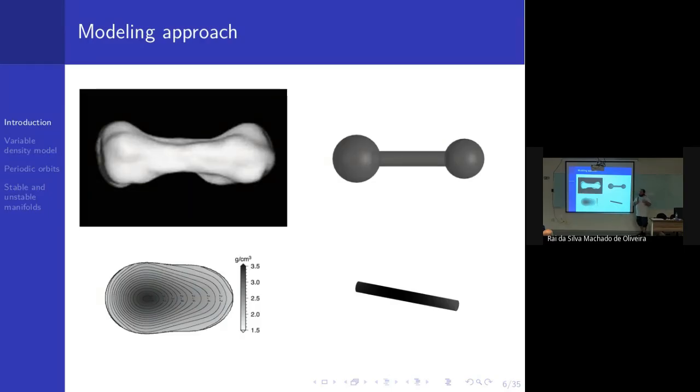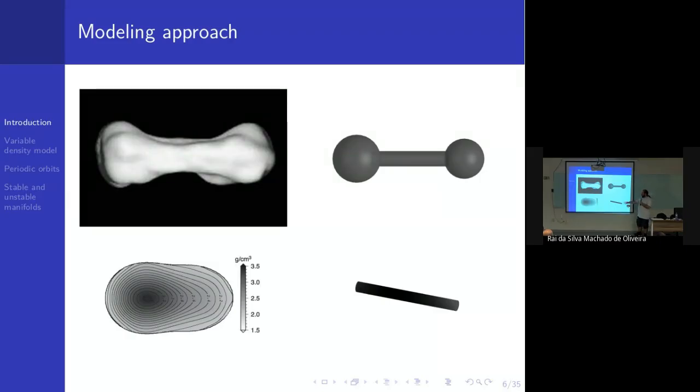But the approach we are taking in this work, which is a new approach, is to look at the internal density distribution of the asteroid, because it has been shown that some asteroids don't have a constant density.